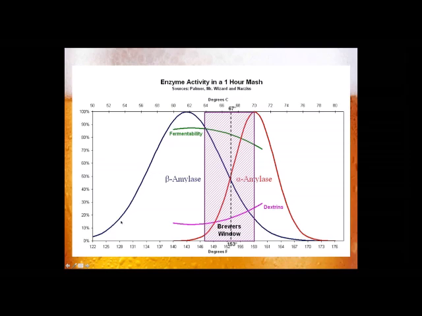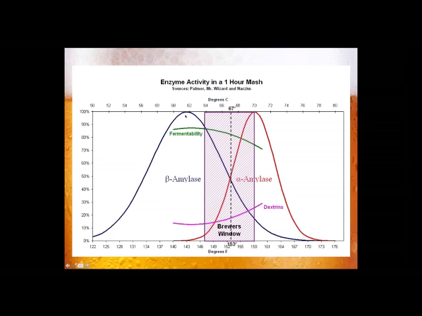We can see here this is the highest efficiency, the temperature you want for the beta amylase. It's around 142, 143, and then alpha amylase has its highest efficiency around 158. You can see though, down here, our alpha amylase is not really activated that much. It's not performing up to its full potential.